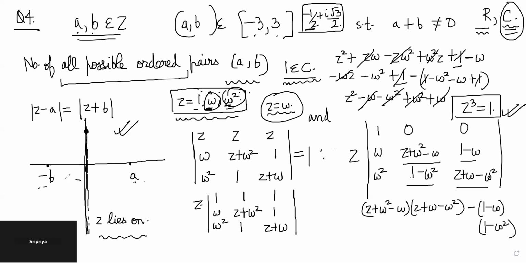If Z is 1, you will get simpler answers. If it is omega or omega square, you will get more roots.